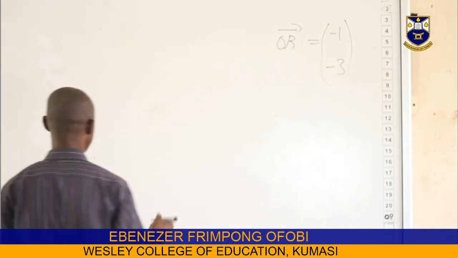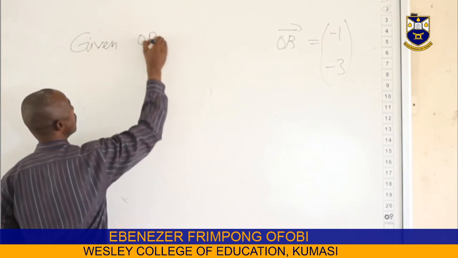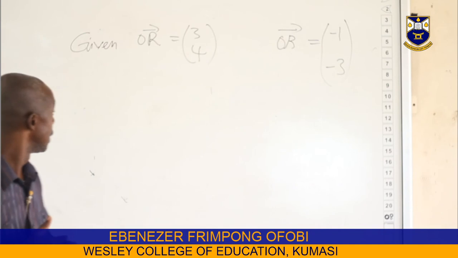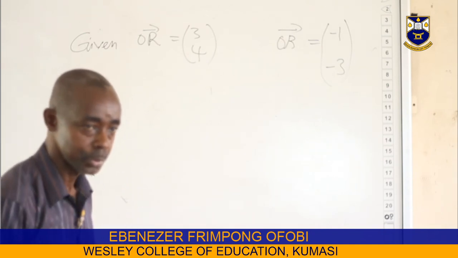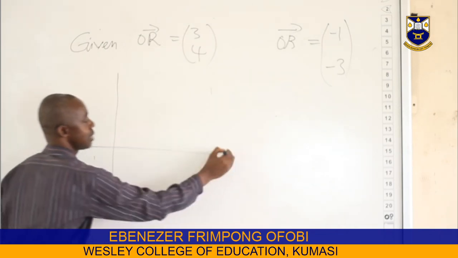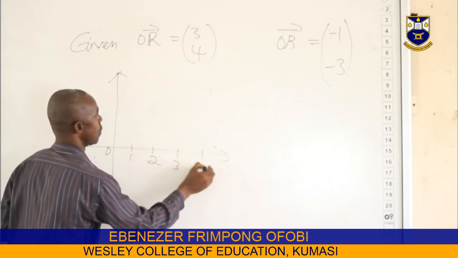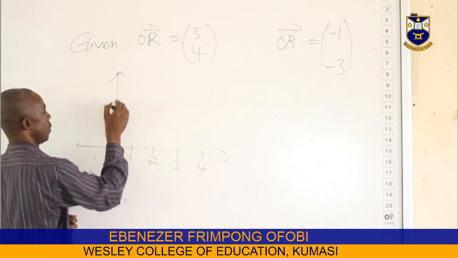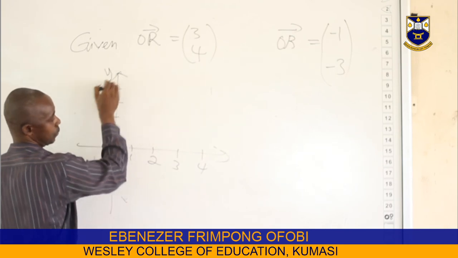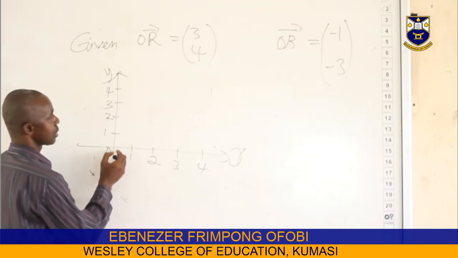Now let's consider again the vector OR with the components (3, 4). Again, if it's to be represented on the Cartesian plane, let me graduate it. Sketching.